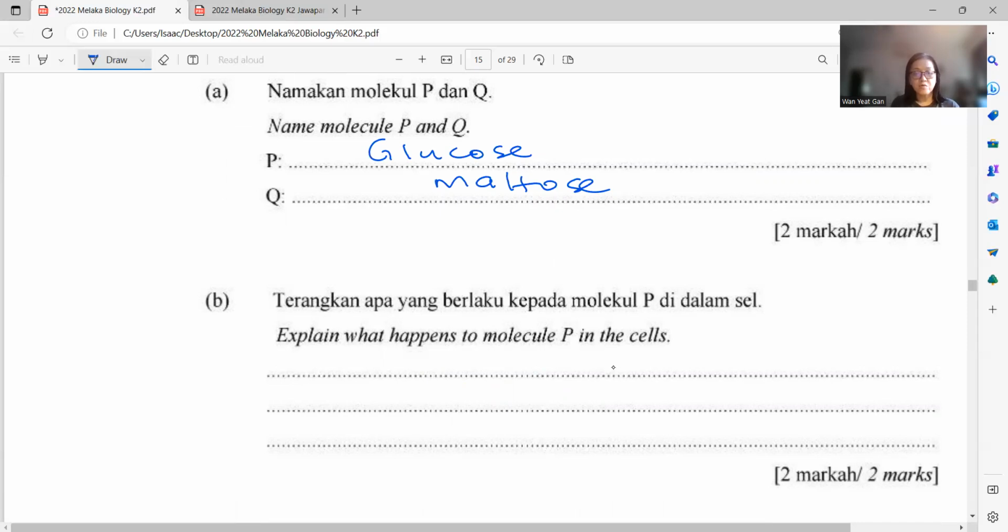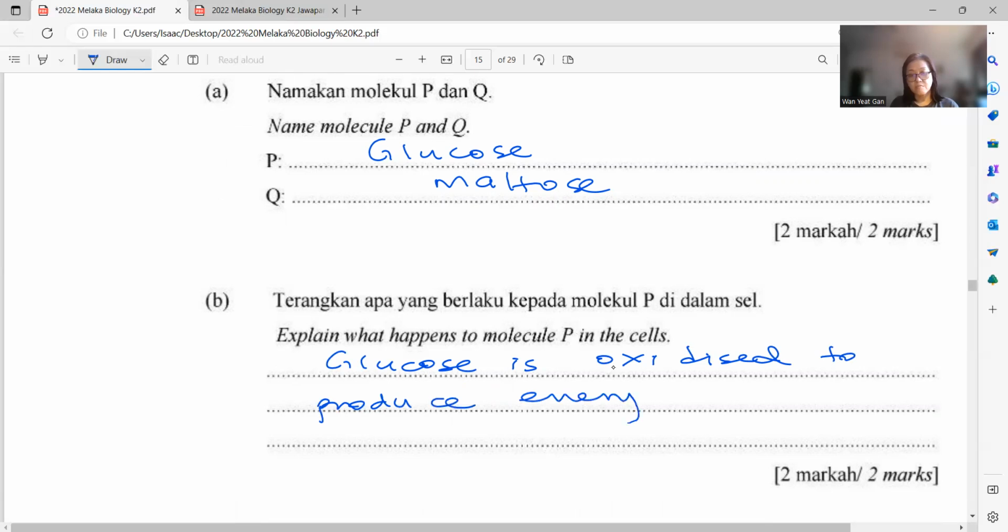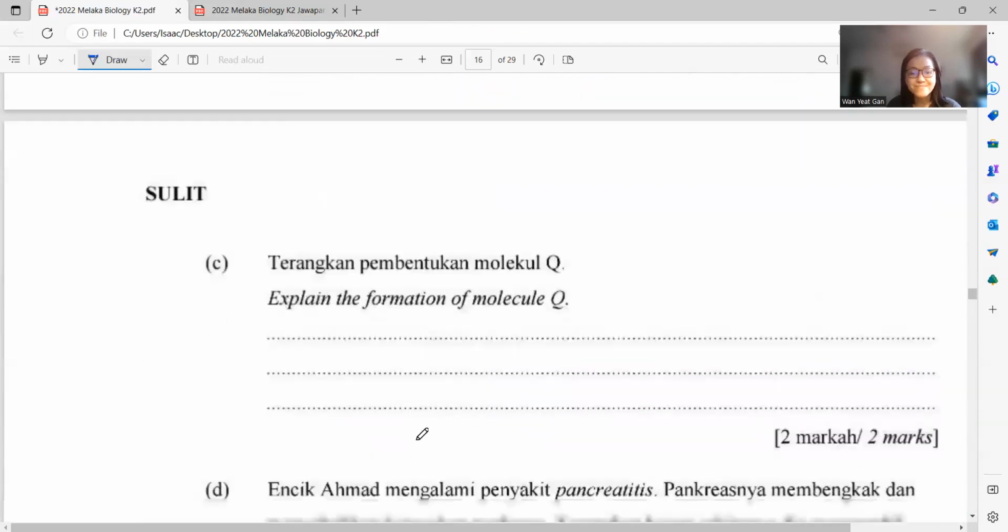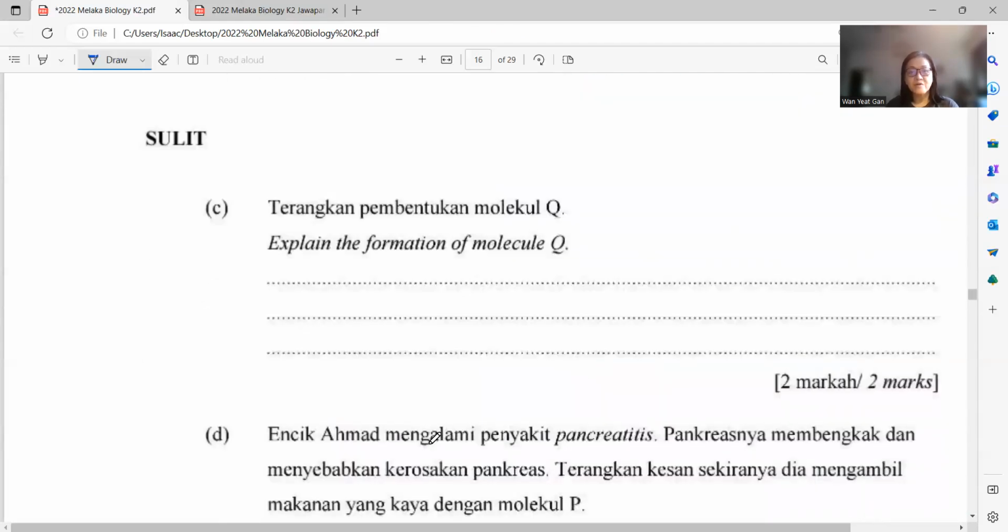So in the cell, glucose is oxidized to produce energy by cellular respiration. Explain the formation of Q. So Q is maltose.